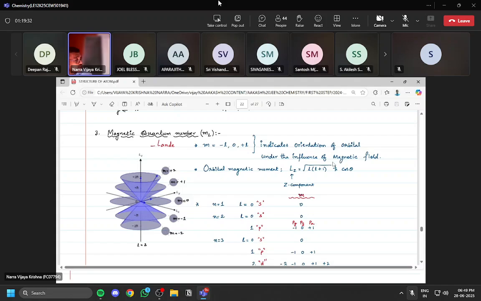If I write h cross, it is called angular momentum. If I remove h cross, then it is called magnetic moment.